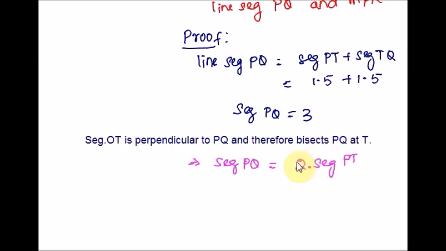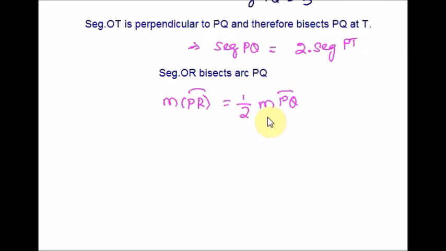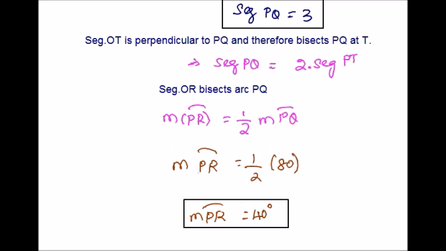Therefore, segment OR bisects arc PQ. Therefore, the measure of arc PR will be half the measure of arc PQ, where PQ is 80. That is the given information. Half of 80 is just 40. Hope you understand the application of the previous theorem in this example.